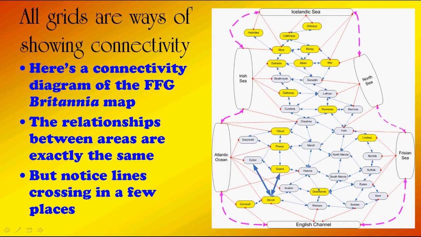It doesn't look as good, but it's quite clear. There are a couple of problems where lines cross other lines, and that's something that can happen with a connectivity diagram like this that does not happen with an area map. And perhaps that's one reason why what you might call a naked connectivity diagram like this is very rarely used.